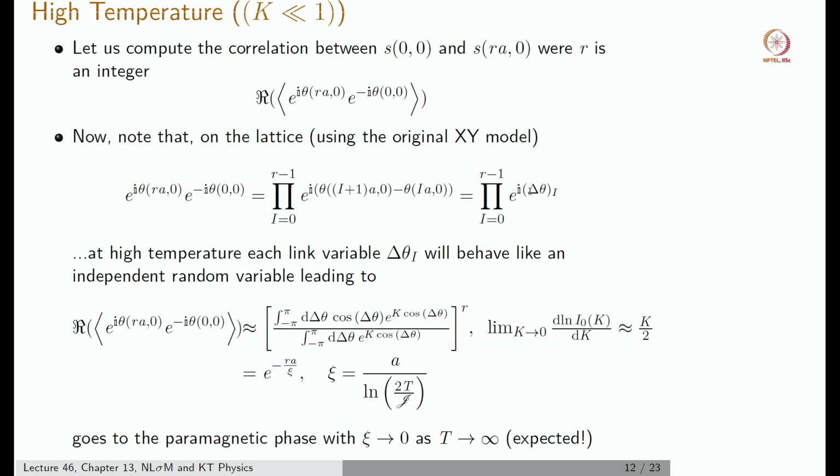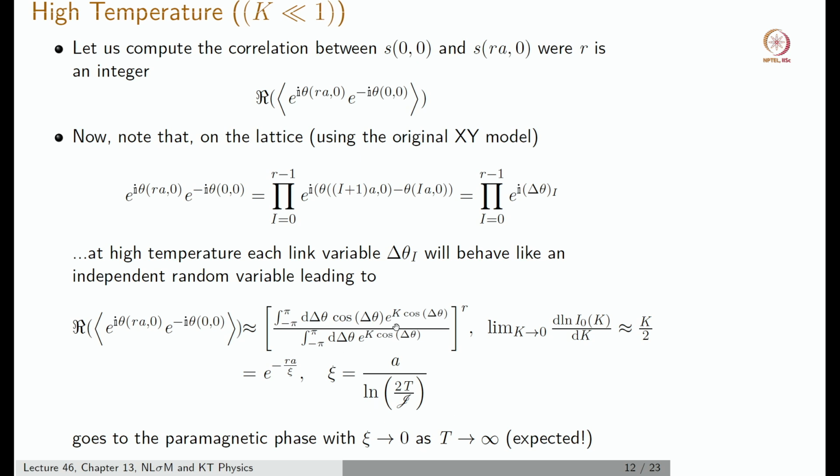So what is the advantage of doing this? The advantage is that we know that at high temperature, each link will do its thing because each link will be unconnected with another link. So I need to find the expectation value of this quantity, and I just take the product because they are independent random variables.